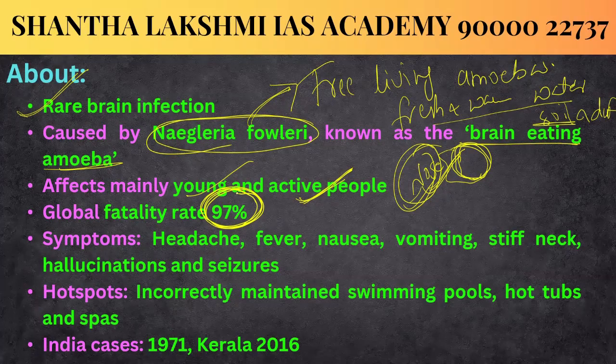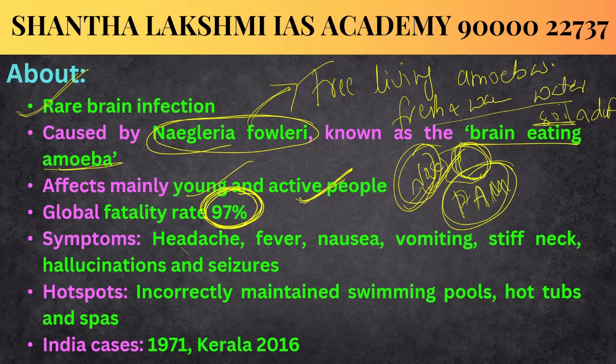And see, its global fatality rate is 97% because it has no specific treatment or specific drugs. It can be treated with the antiviral or the antifungal drugs only. And if anyone is affected with this PAM, mostly they will die.